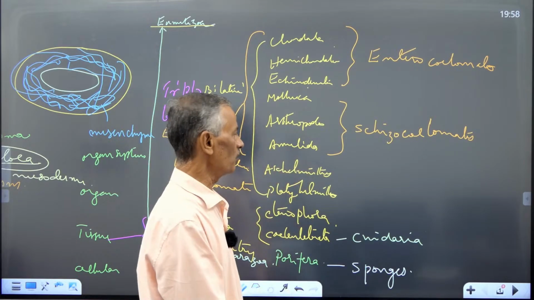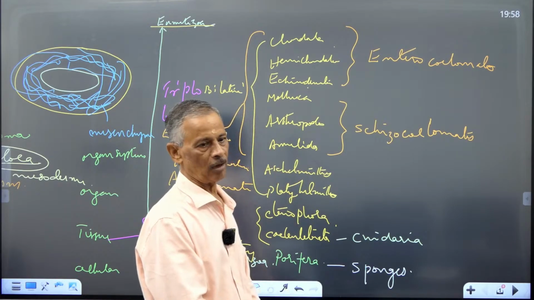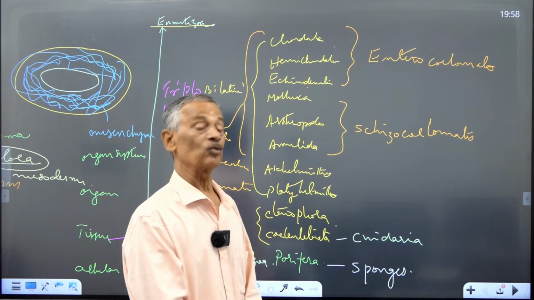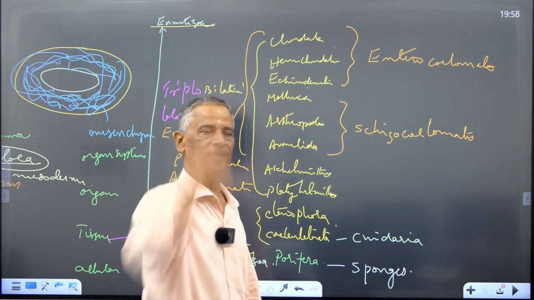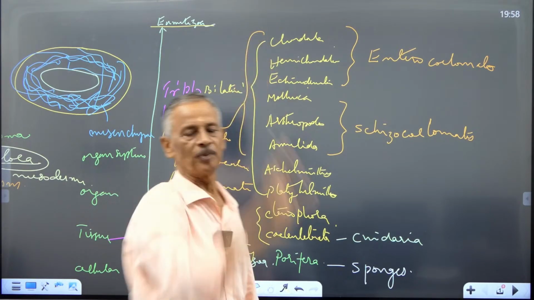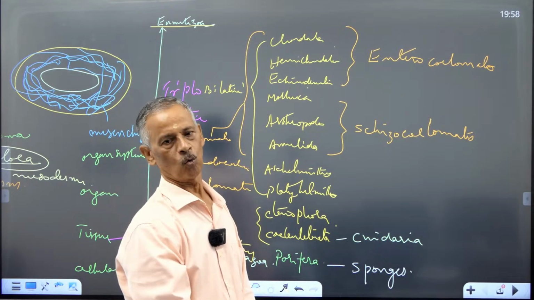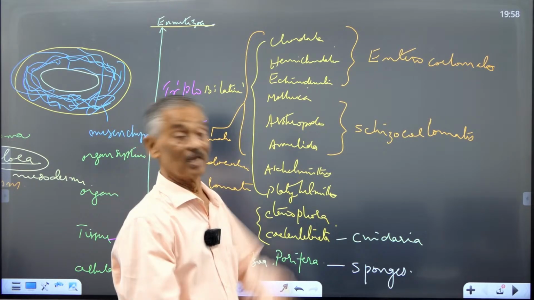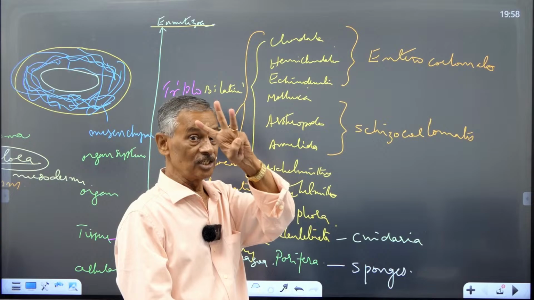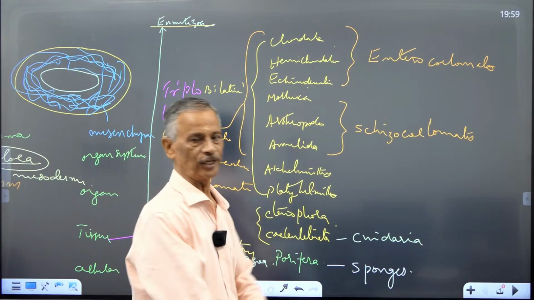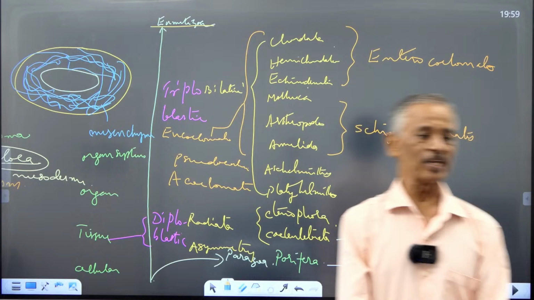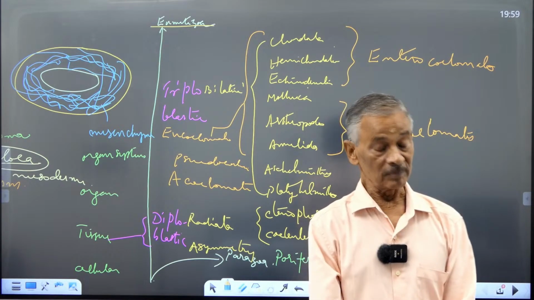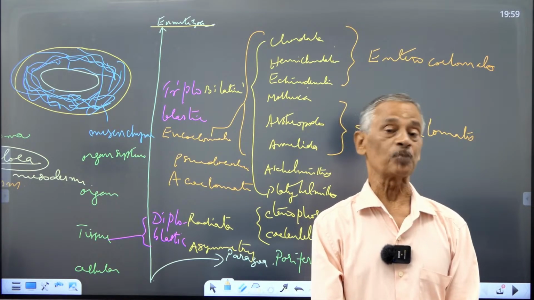If it is present, it is incomplete. What do you mean by an incomplete alimentary canal? Meaning there is only a mouth, and through that same opening, food enters and undigestible materials are sent out. Since you are having three layers in their body, which is thicker, for sending out waste materials there is a need of a special structure.